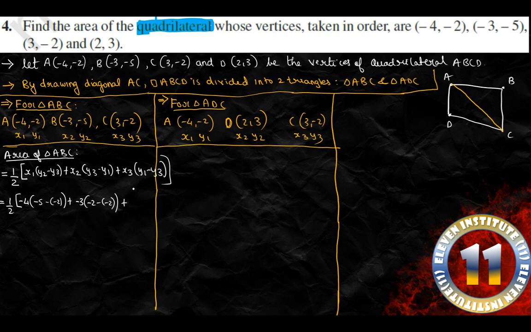Right, and plus we have x3, so x3 is 3. Into the brackets we have y1 minus y2, sorry, અહીંયા y2 also, sorry. What is y2? y2 is -5. Right, brackets complete. I hope this is very much clear to you.